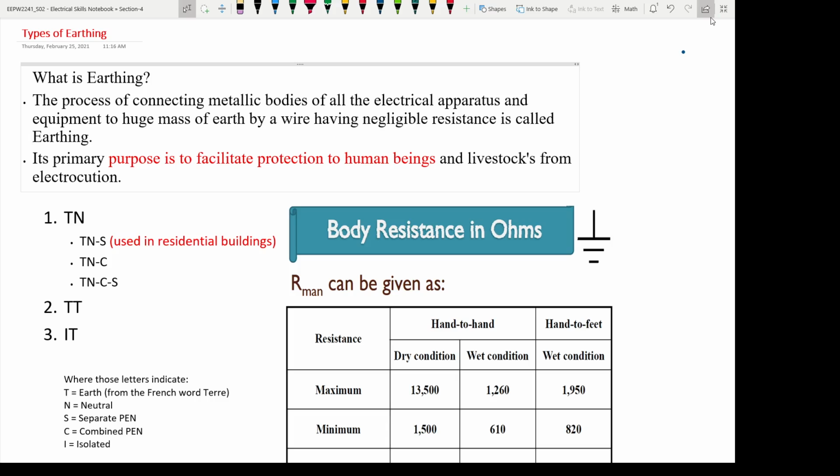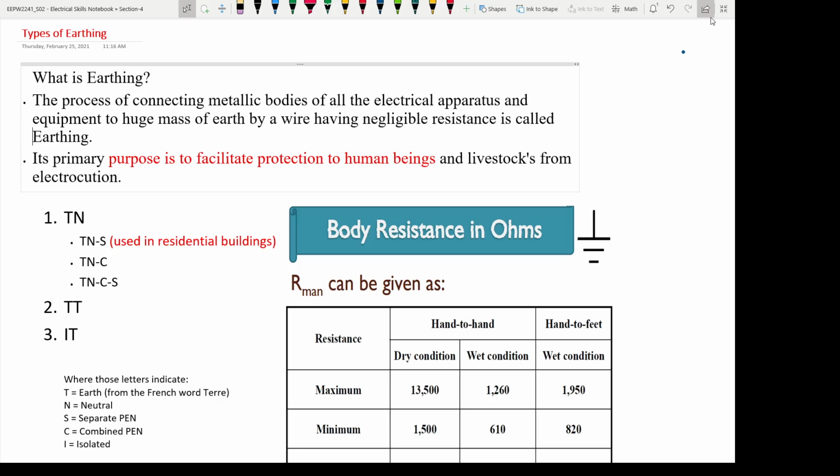We are going to discuss earthing and its types, and the importance of doing earthing, and which type of earthing is used in which kind of places, and the advantages and limitations of those earthing types.